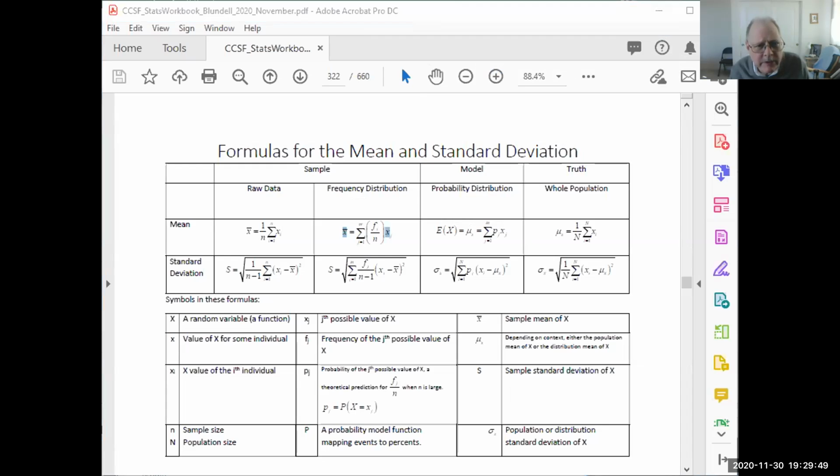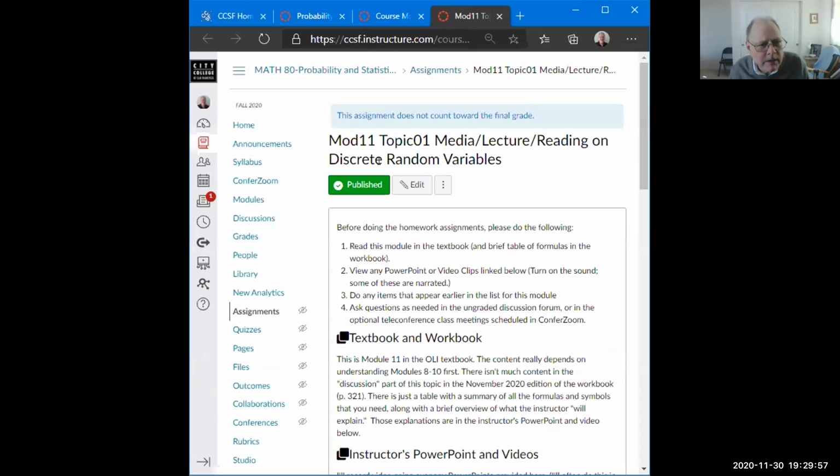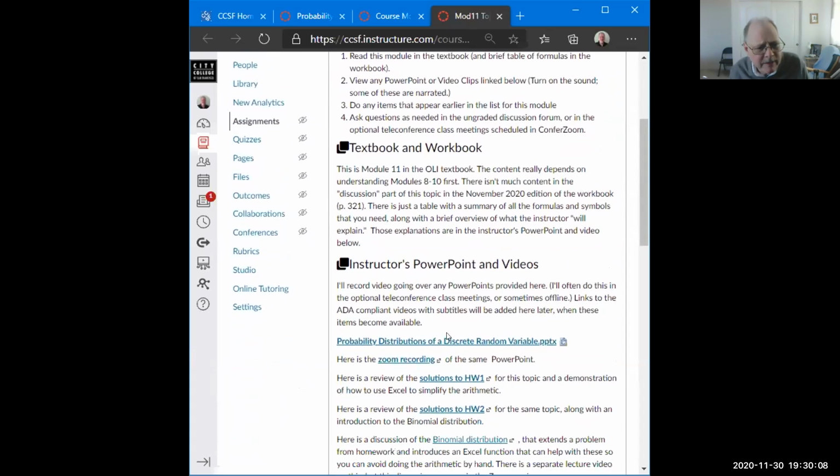If we go over to Canvas, in that section on the discrete random variables, in the media lecture and reading, there's this PowerPoint and a Zoom recording going over the PowerPoint about probability distributions of discrete random variables.